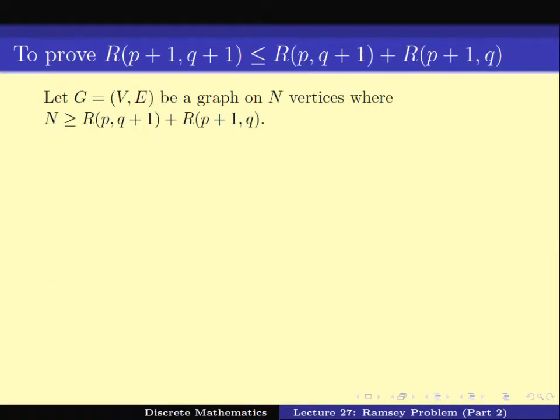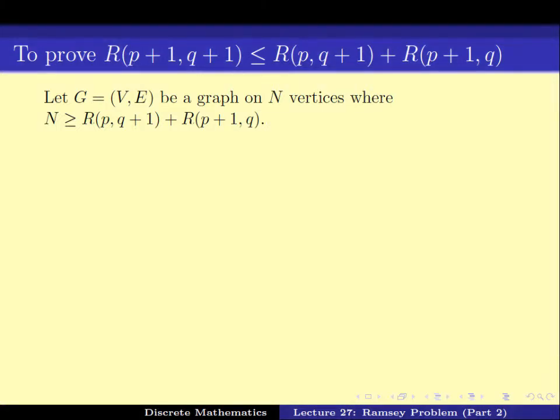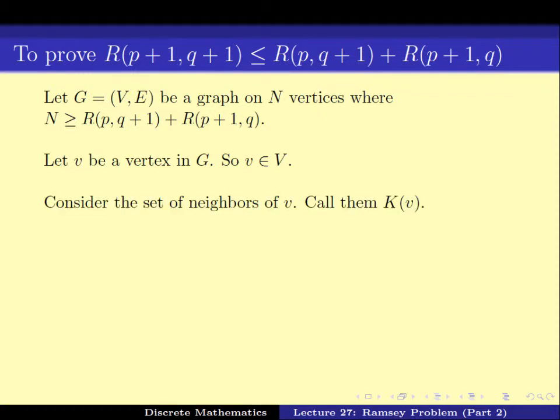So to prove this, let's start with a graph on n vertices where n is bigger than what we just promised, R(P,Q+1) plus R(P+1,Q). Now take any vertex v in the vertex set and consider the neighbors of v. So how does the graph look?